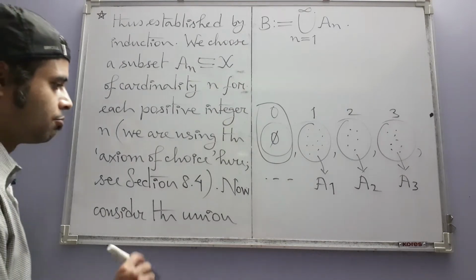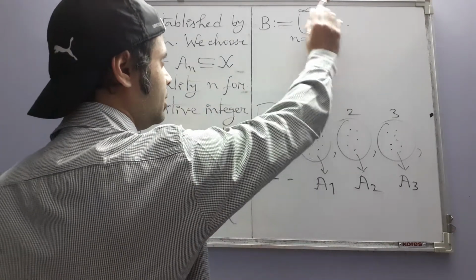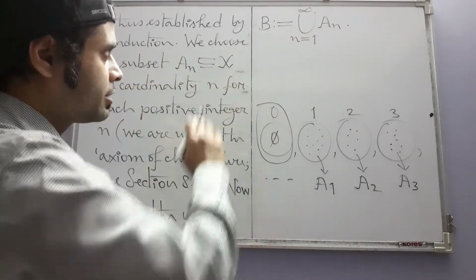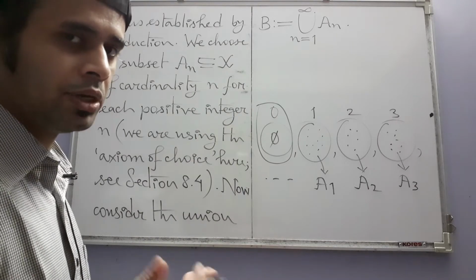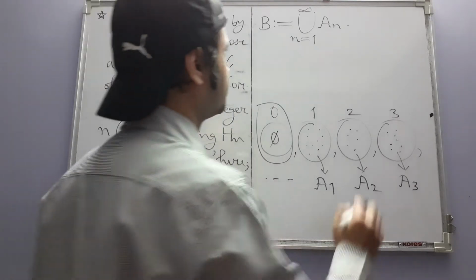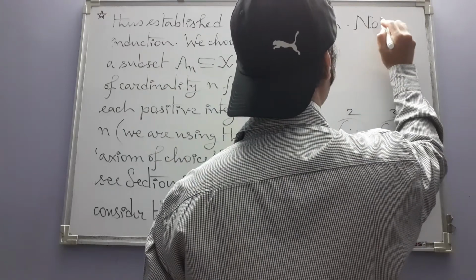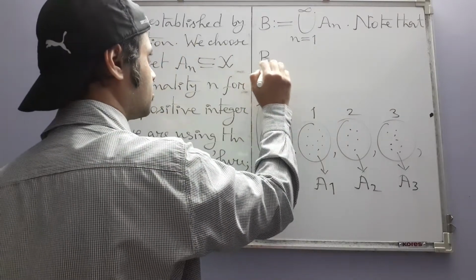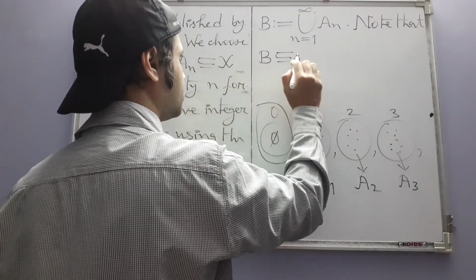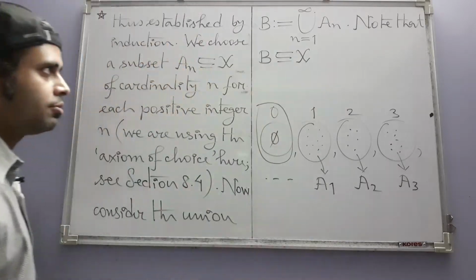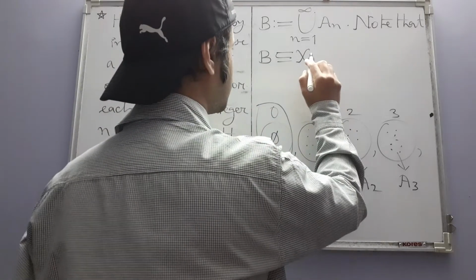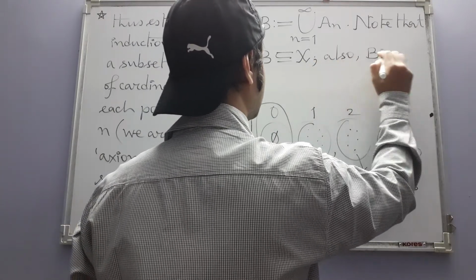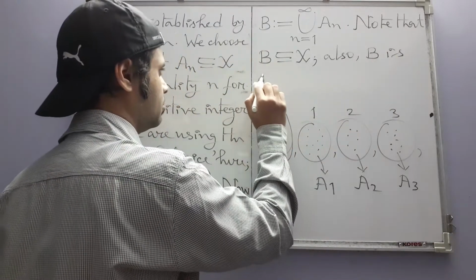Okay, so what we now did with these sets is that we have taken their union. Because each A_n was originally a subset of X, naturally this B, being their union, is also a subset of X. Note that B is a subset of X. Also, B is infinite.